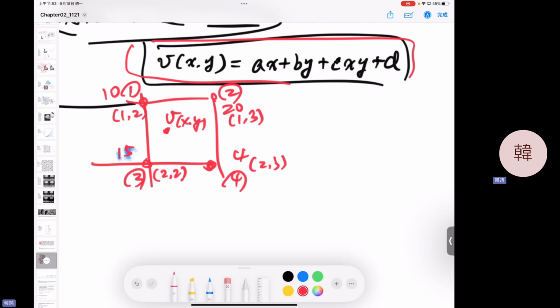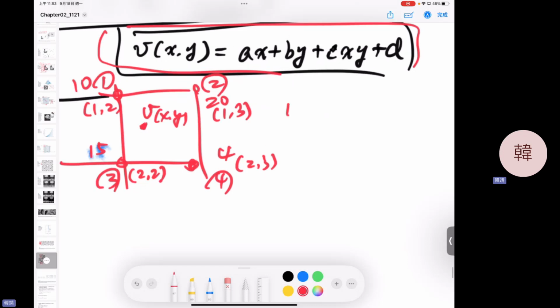You just put the 4 points into this equation and formulate 4 different equations. So we will do that. The first point is evaluated at 10, and what's the relationship? The data will be A plus xy, the location of this coordinate.